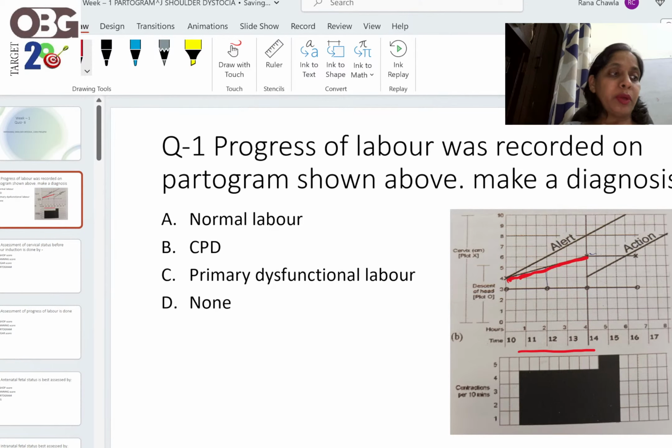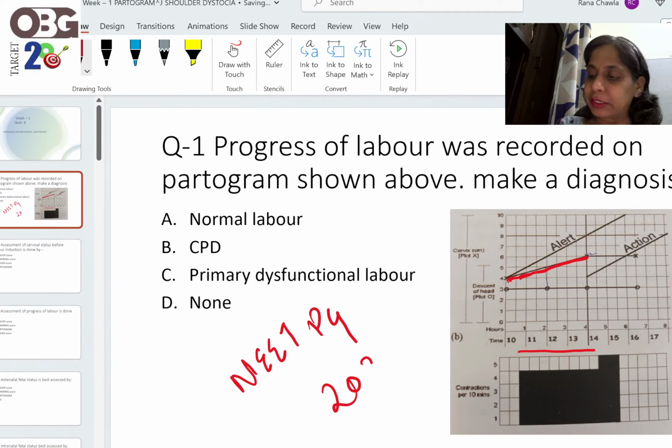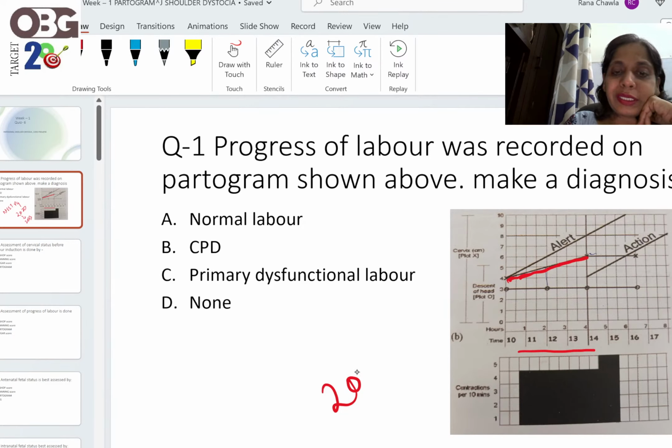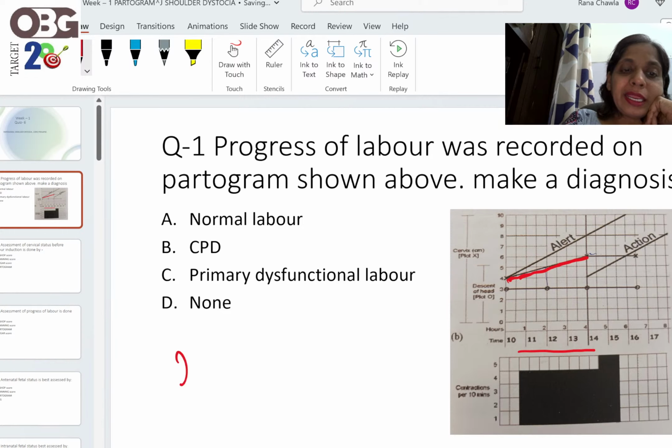I would like to say here, this is a question of NEET PG 2020, and the same question came in 2023, and there it was asked what was the treatment. Now here only 2 centimeter it is dilated in 4 hours.